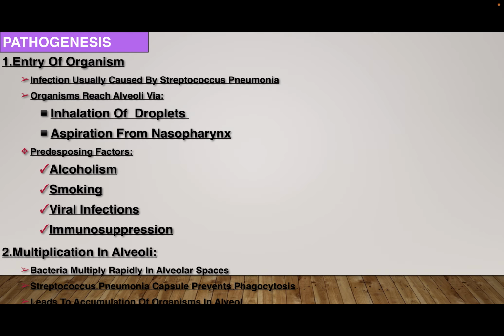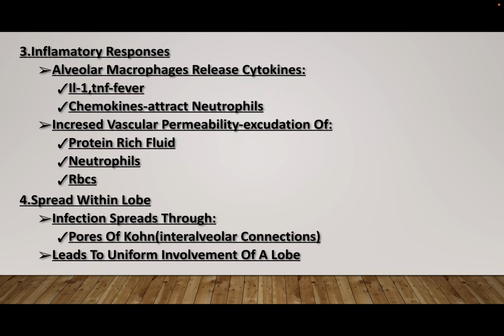The capsule of Streptococcus pneumoniae prevents phagocytosis, which protects the bacteria, and this leads to the accumulation of organisms in the alveoli.